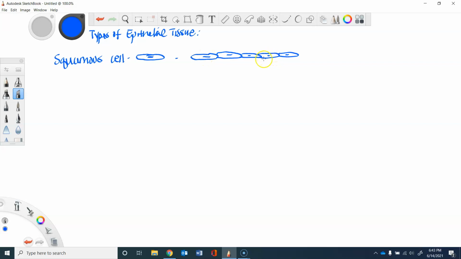So that would be a simple epithelia, and it's called simple squamous epithelia. It's just one layer of those flattened squamous cells. It can also be arranged like this.